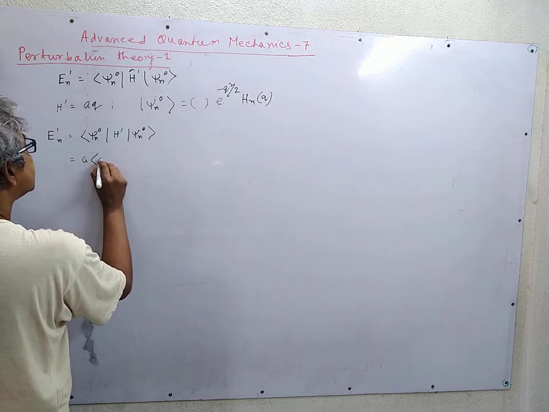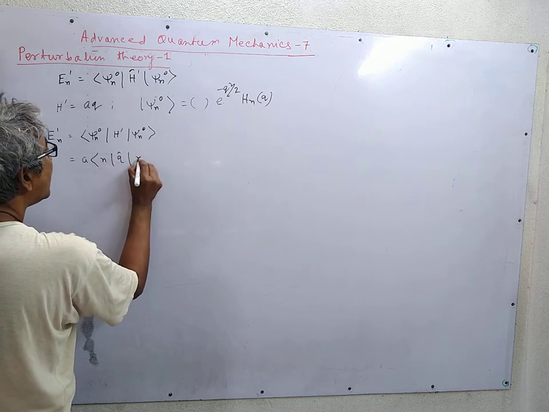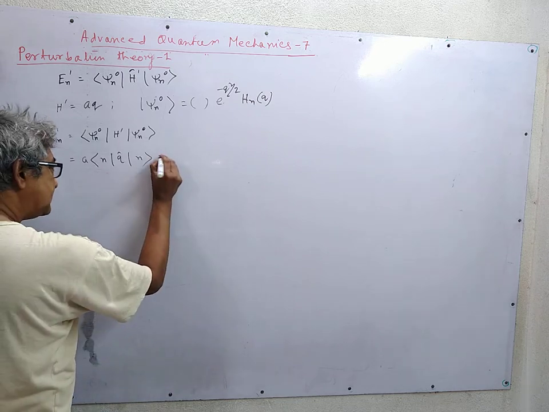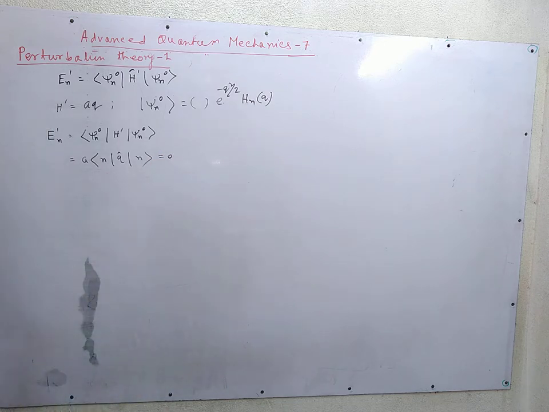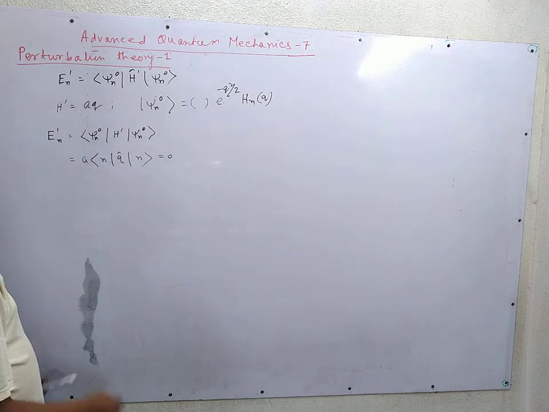This is the state n, q, n. We know that this is 0 because this is the expectation value of the position of the harmonic oscillator, which is 0. So this is 0.